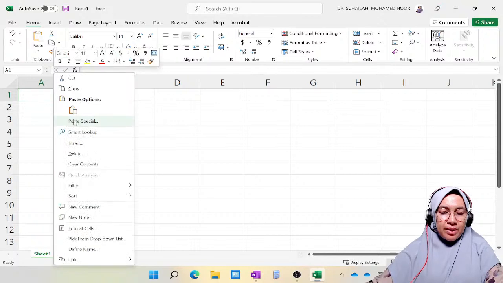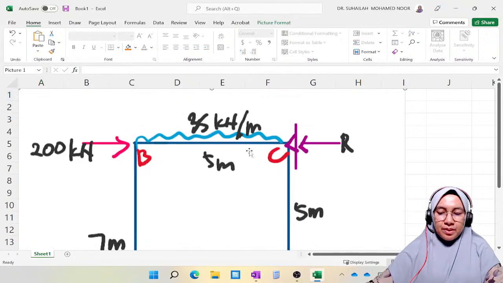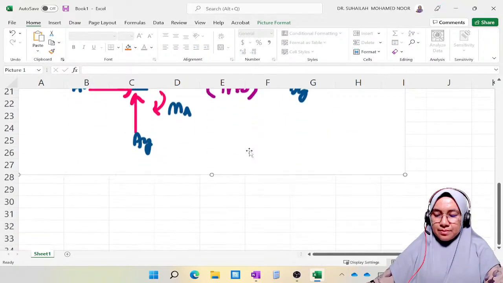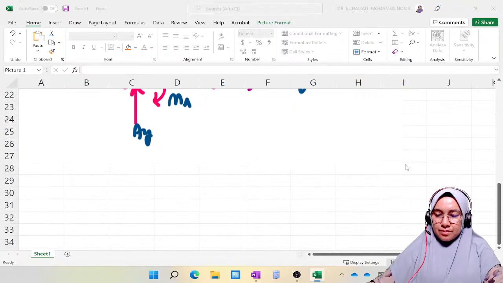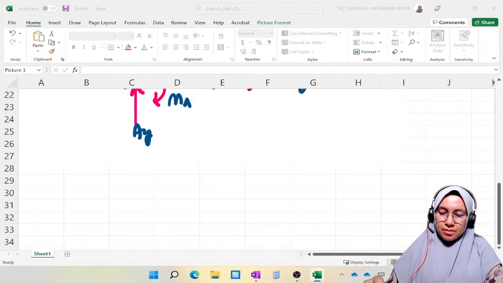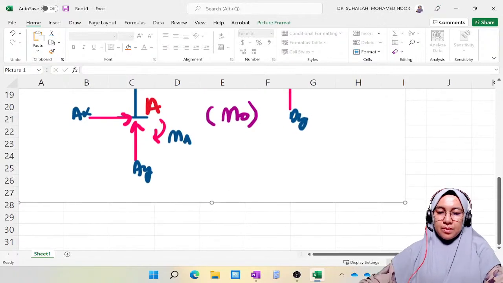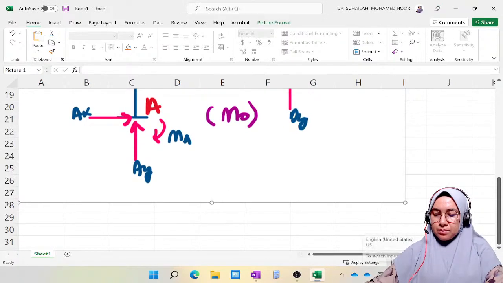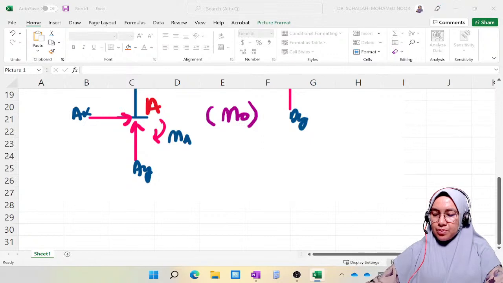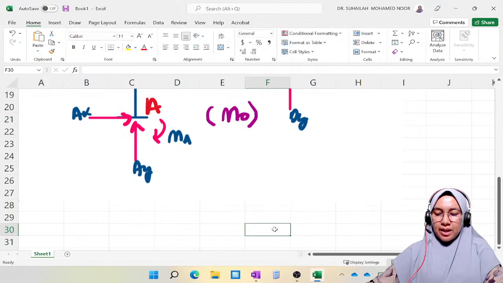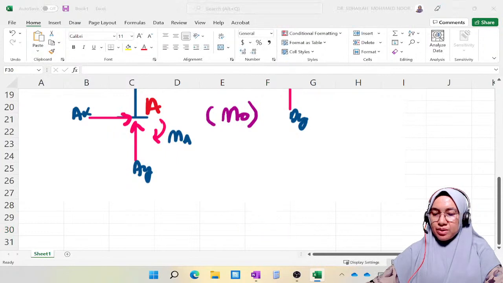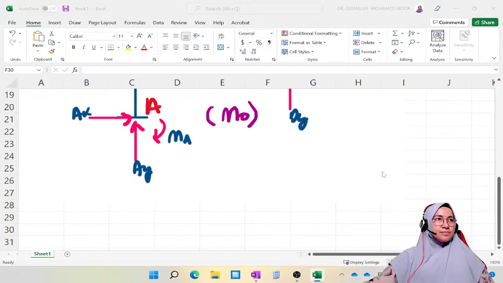So I move the diagram to Excel, because we can actually calculate the end moment using Excel.